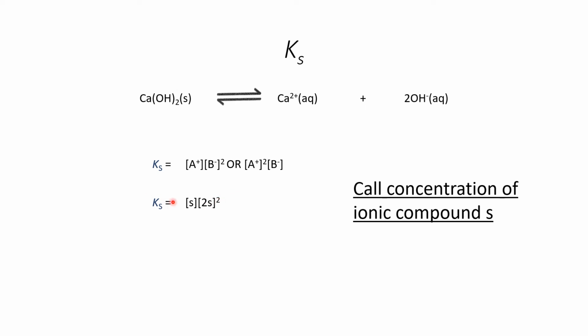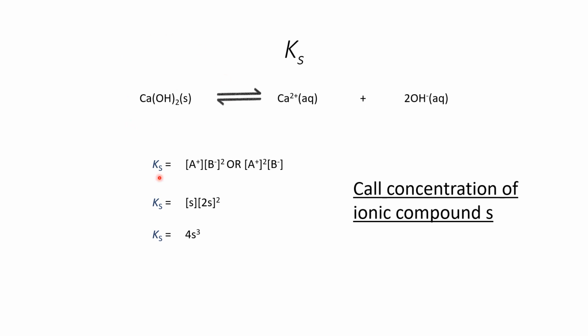So you end up with K sub S equals S times (2S) squared, because we're calling the concentration of the ionic compound S. And that math can be simplified a little bit to look like this. K sub S equals 4S cubed. Remembering that S in this case is the concentration of the ionic compound, so the concentration in this case of calcium hydroxide.